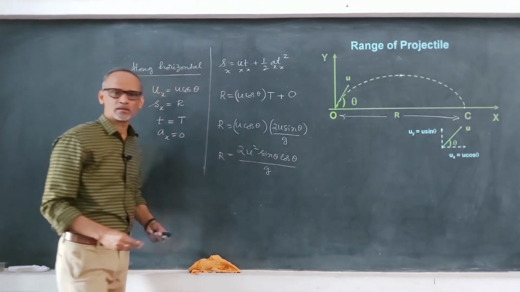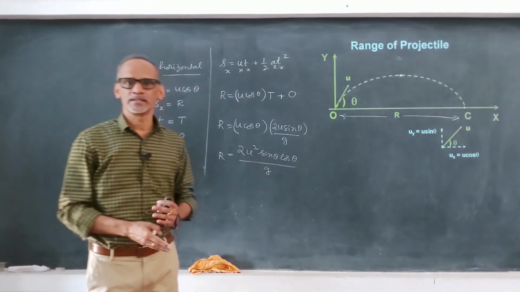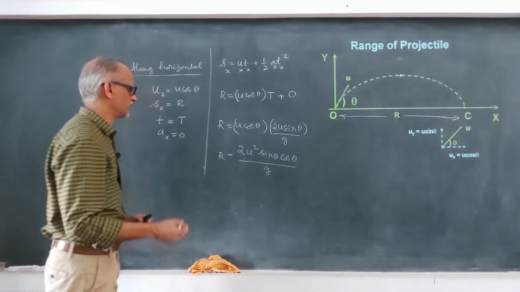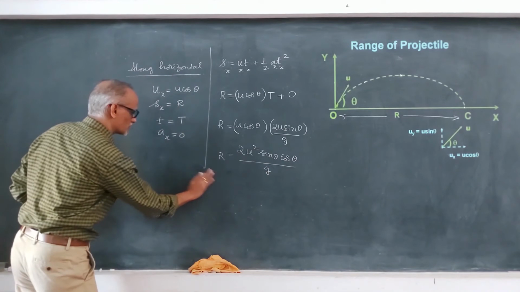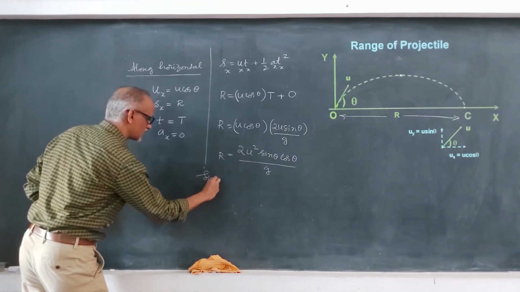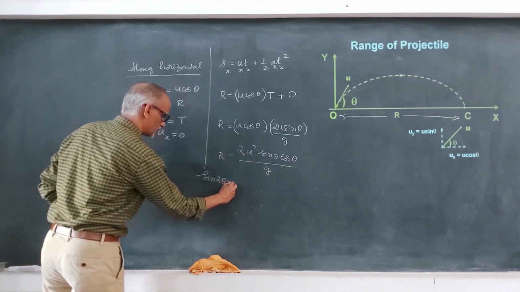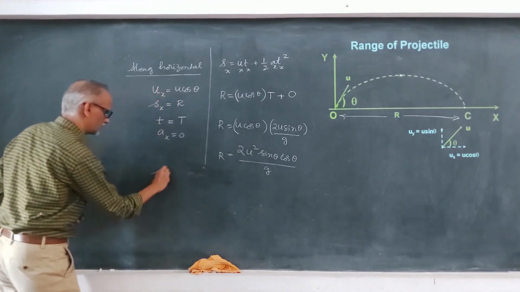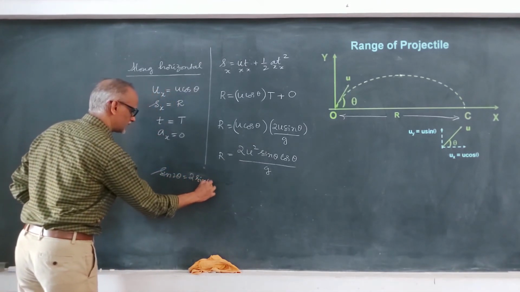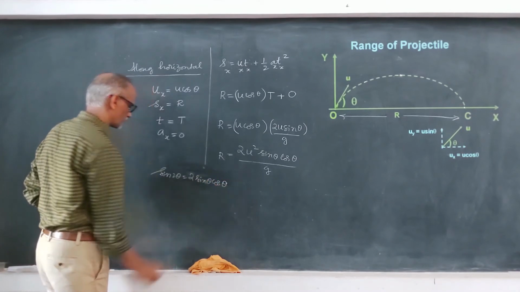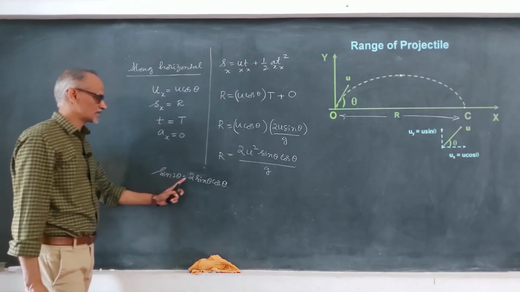Okay. Now this is one of the formats of the range. The other format is, see here we have a formula, 2 sin theta cos theta. So you need to remember one more formula, that is sin 2 theta is equal to 2 sin theta cos theta. What is sin 2 theta? 2 sin theta cos theta.